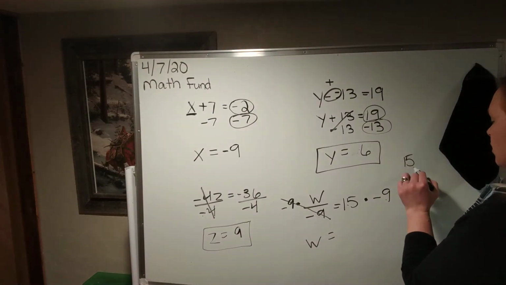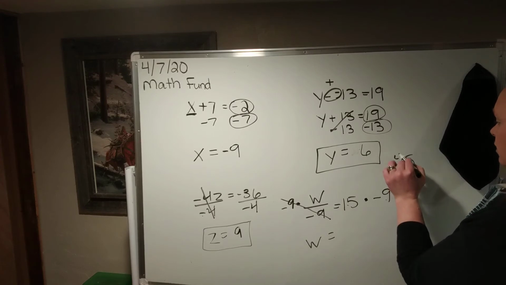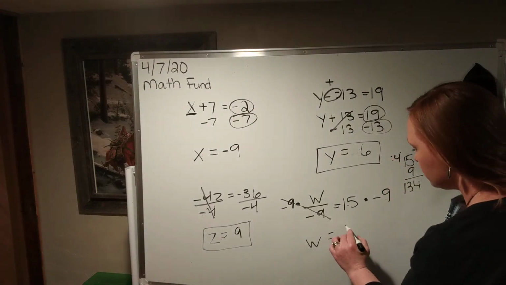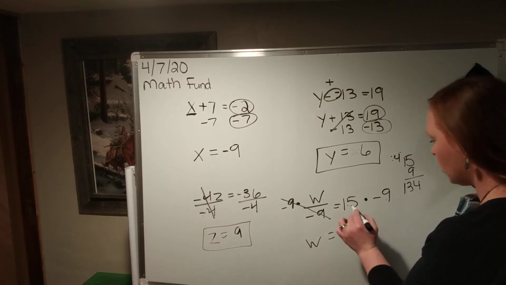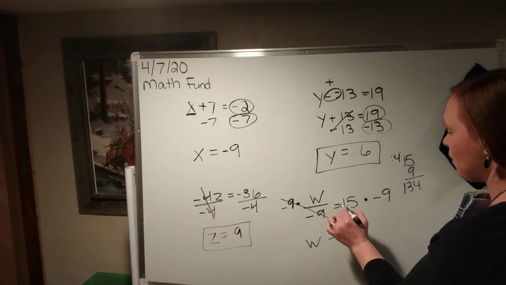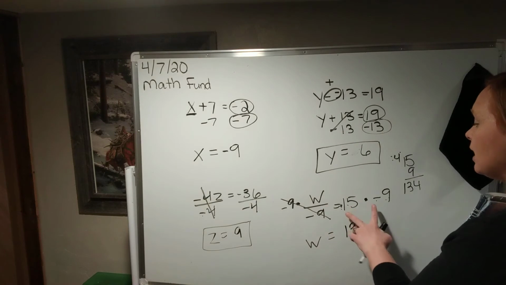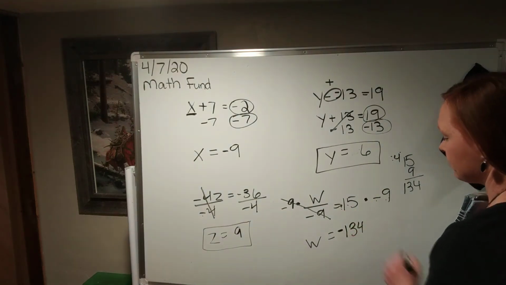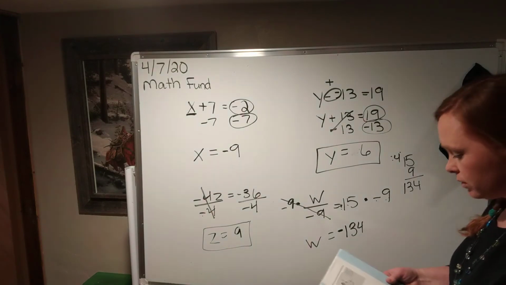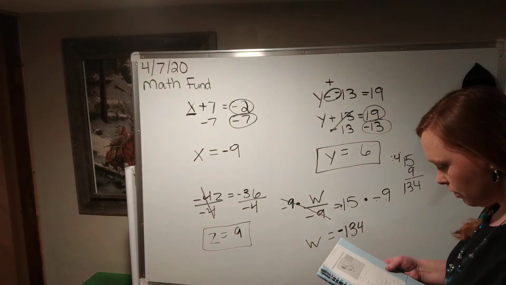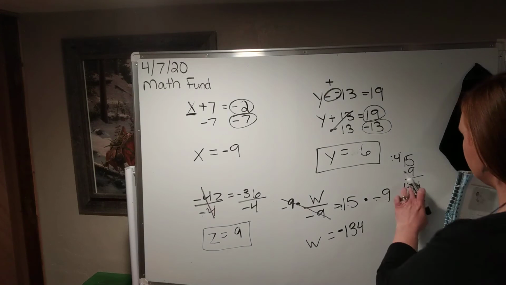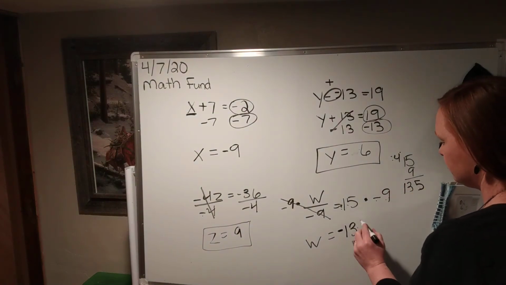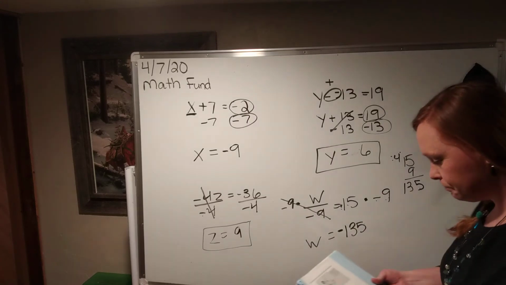Okay, so I'm going to come to the side here. I get 135. So when I multiply those, I get 135, and here I have a positive and a negative. So when I'm multiplying and I have opposite signs, it's going to be negative. So w equals negative 135. Oh, sorry, it was 45. I hope you caught that at home.